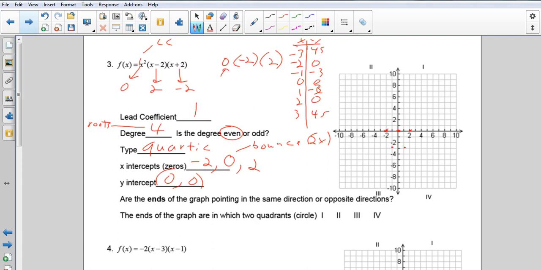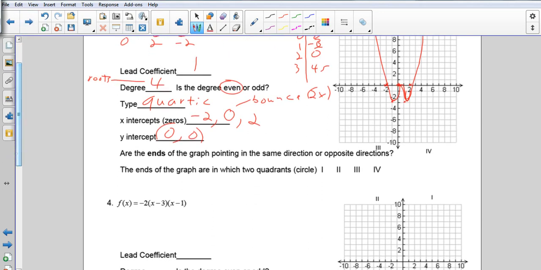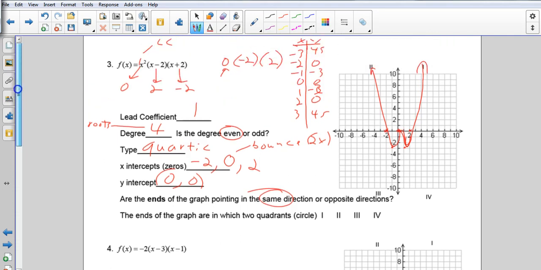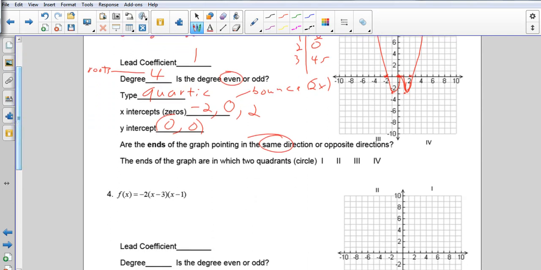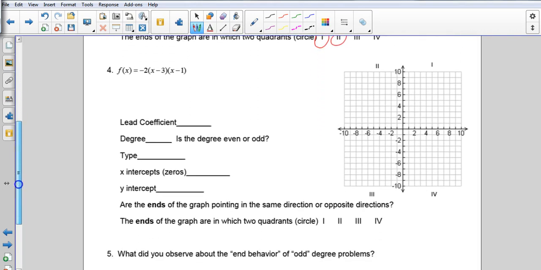So look what happens. This is going up. It bounces off 0, comes back down, hits here, and goes back up, kind of like a W. So are the ends in the same direction or opposite direction? Same. Which quadrants are they going through or ending up in? 1 and 2. Remember, use your graphing calculator for this.